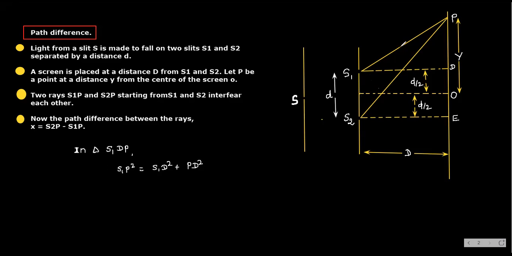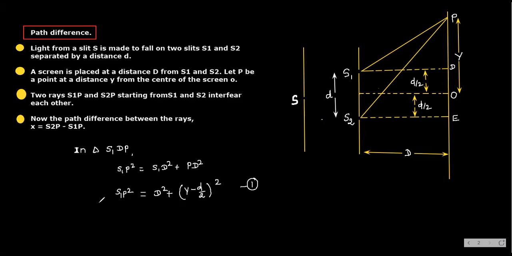This square plus this square. Now S1P we don't know, so let's find that. S1D do you know? Yes, S1D is capital D. So I am substituting capital D square. PD we don't know directly, but PO we know. PD is PO minus DO. So can I write y minus d by 2? Yes. So here it is y minus d by 2 whole square. Call this equation number 1, which is your S1P whole square.